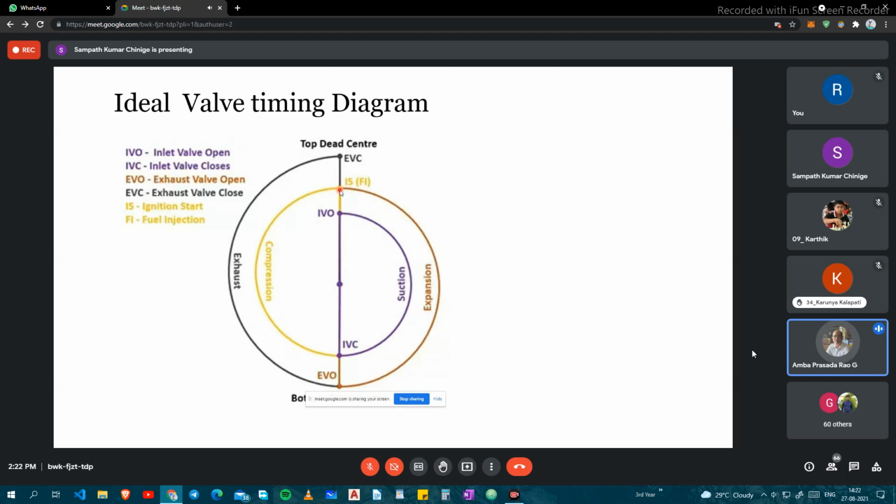Once it comes here, the exhaust valve opens, because the gases are no longer able to expand further, so they are let out of the engine cylinder until the piston reaches top dead center. In effect, we have suction 180 degrees, compression 180 degrees, expansion 180 degrees, exhaust 180 degrees. So each stroke has a dedicated angle of revolution.